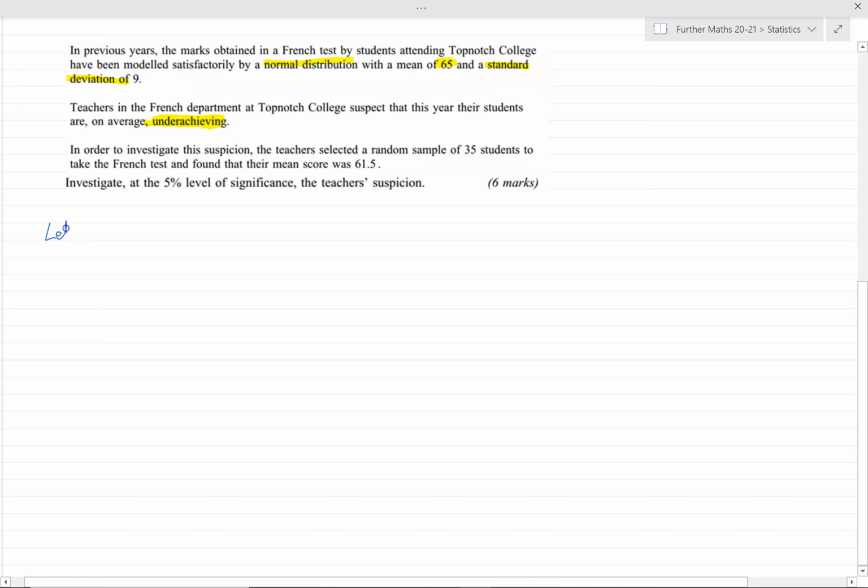Let mu be the expected mean French score of students at Top-Notch College.